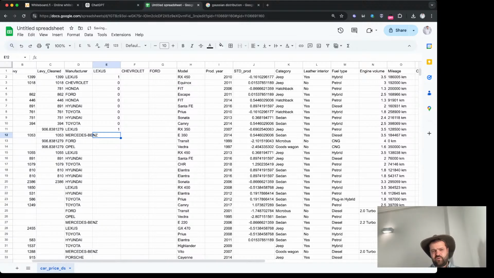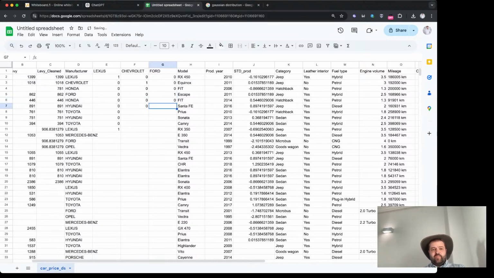Hopefully you follow along the idea that every time I have the right category, I give it a 1. Every time it's not the same category, I give it a 0. So here it's 0, 1, 0, 0, 0, 0, until I find the next Chevrolet. Ford, 0, 0, 0, 1, 0, and so on.